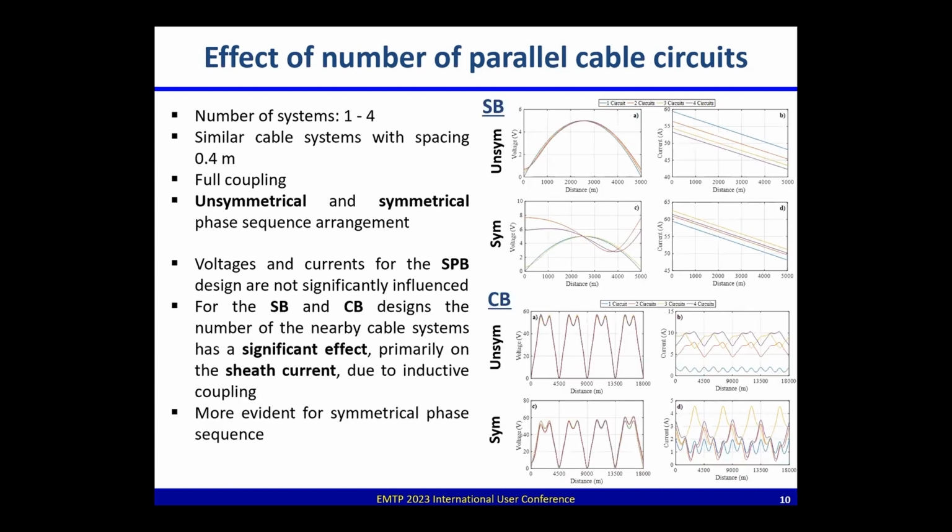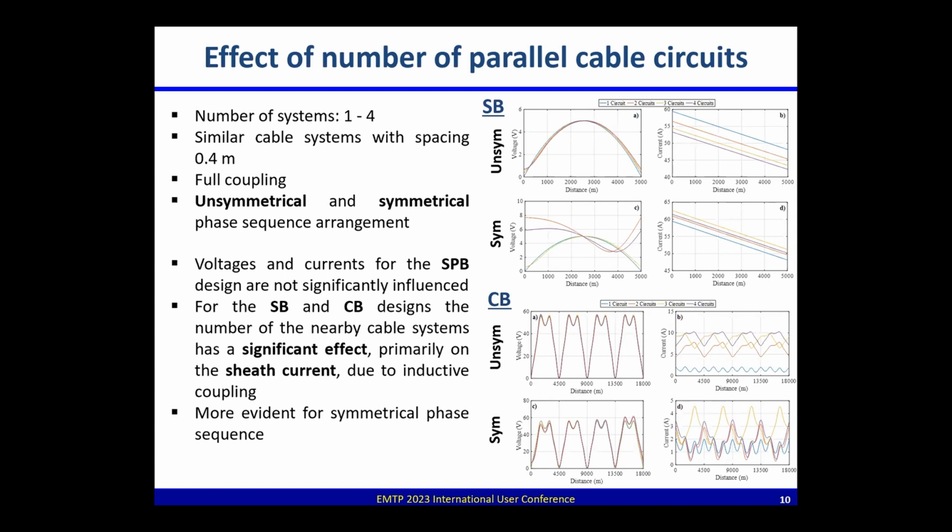But for the solid bonding, you can see here the profile of the voltage along the cable sheaths, the corresponding currents, for the unsymmetrical and symmetrical cases. And you can see that there are some differences in the voltages for both cases.